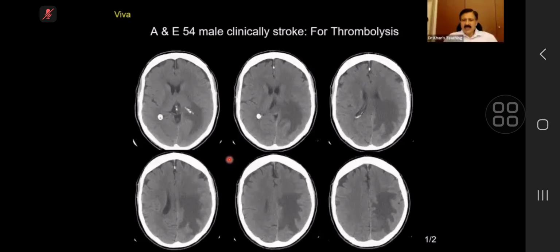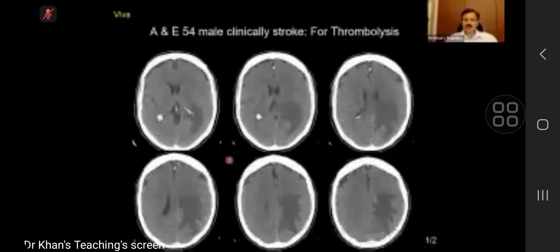So, the main point is to look at the pattern of this edema, and this is a classical exam case. This is vasogenic edema. This is not cytotoxic edema, which goes to the cortex. This is white matter abnormality. Look at the cortex. The cortex is absolutely fine.